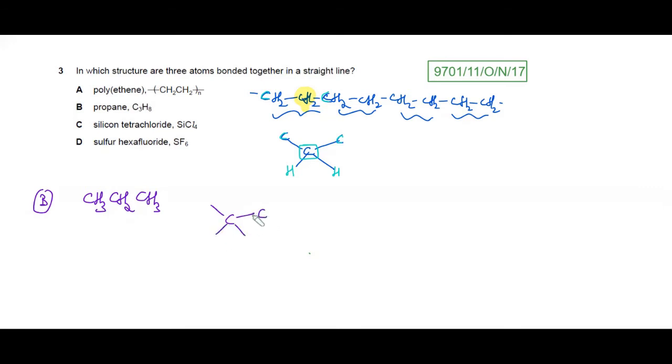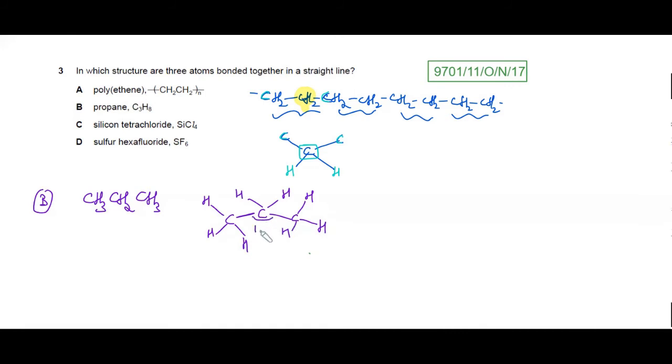Going with the next carbon, it's already having a bond. Next, 2 other bonds. Third carbon, already it is having a bond, 2 and 3. So hydrogen, hydrogen, hydrogen, hydrogen, hydrogen, hydrogen, hydrogen, hydrogen. So even if you are having 3 carbon atoms in this molecule, because of which we will be tempted to feel that this is the option.